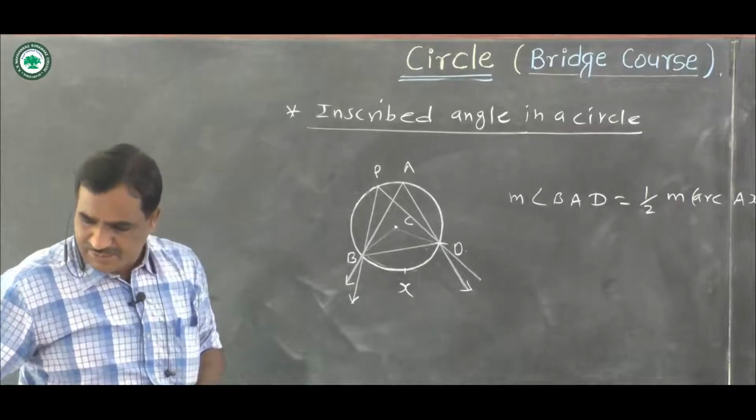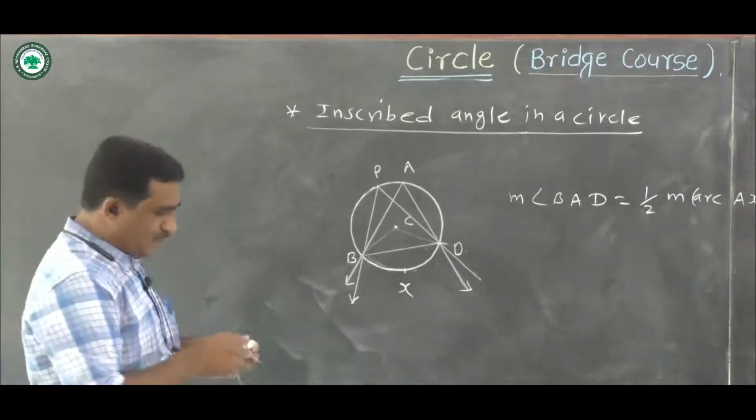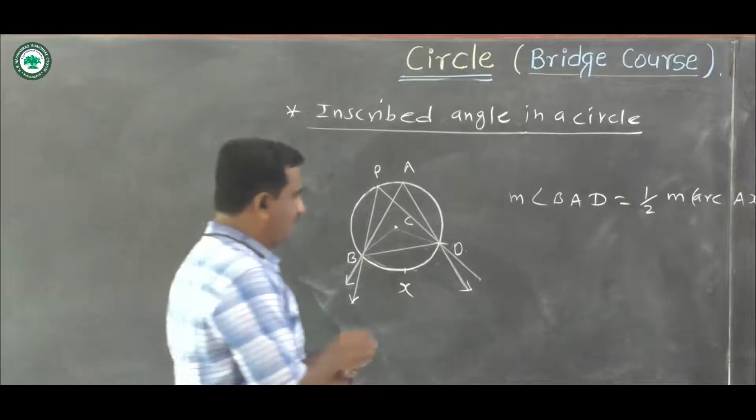Angle inscribed in a semicircle is a right angle. You can draw a circle here again.